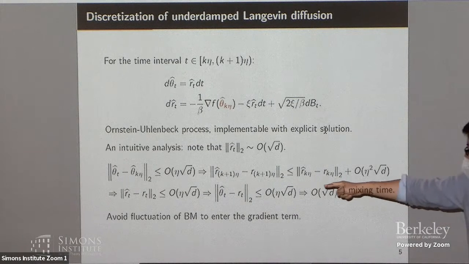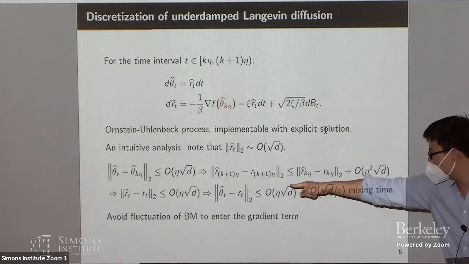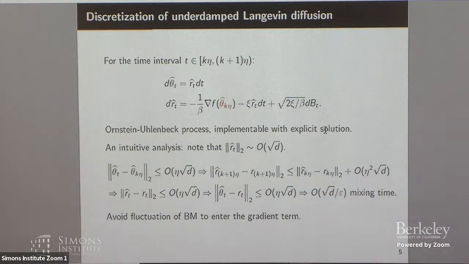Sorry, there's a typo. This should be theta t hat minus theta t. And in the end, you get the discretization error for the entire process is of order eta times root D. This eta times root D no longer comes from the very wild oscillation of the Brownian motion. It comes from a very well controlled process.